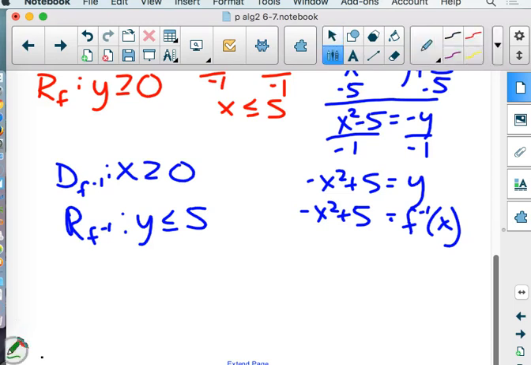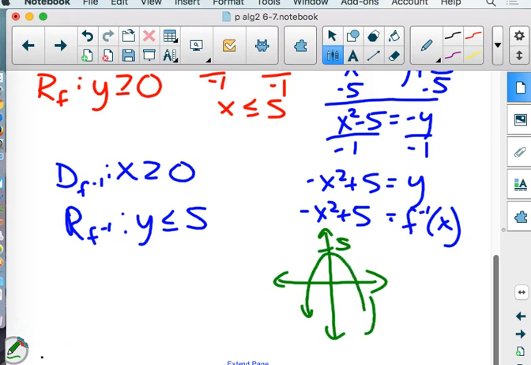Negative x squared plus 5. It does. And its highest point is going to be 5. So we're going to use x is greater than or equal to 0, and we're going to see y is less than or equal to 5 when we graph that.